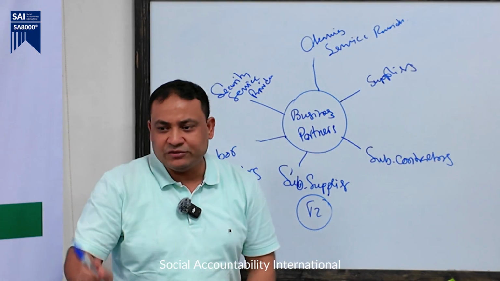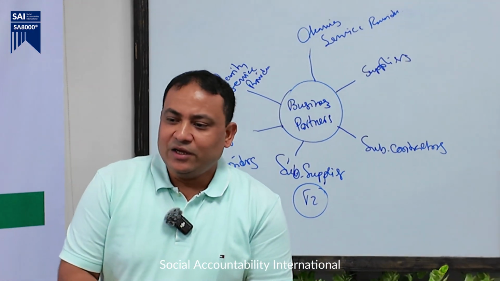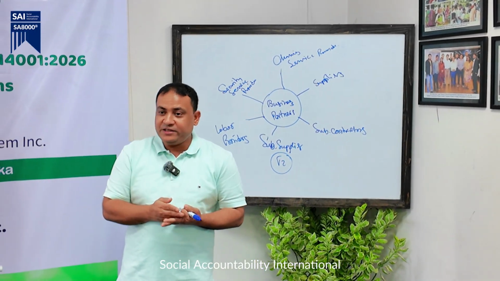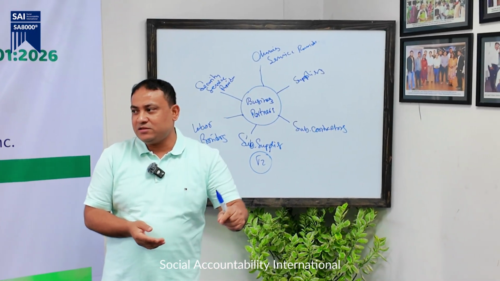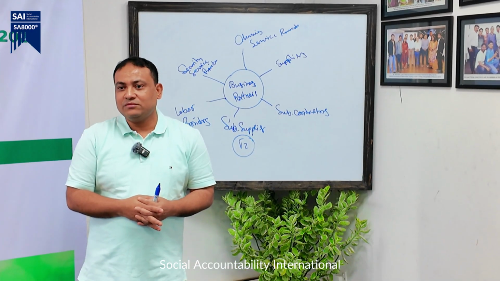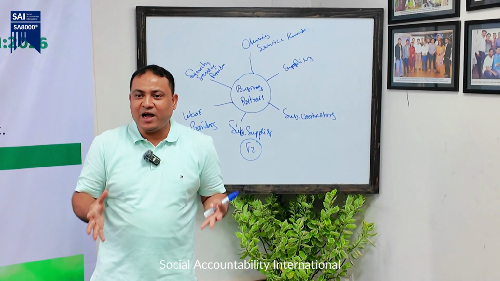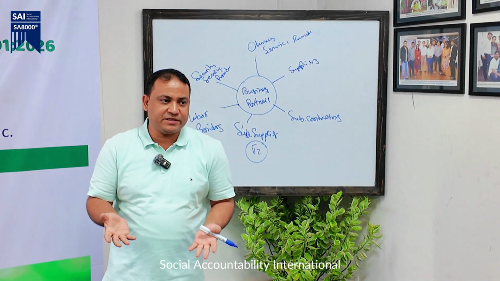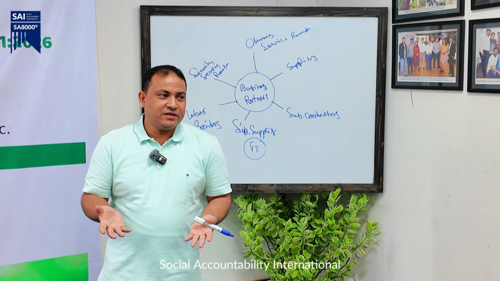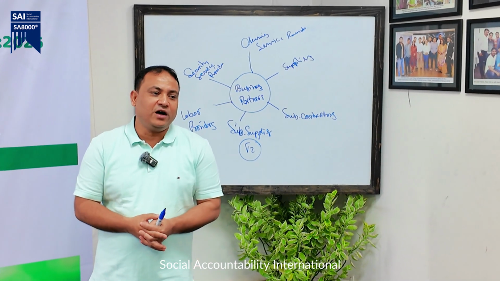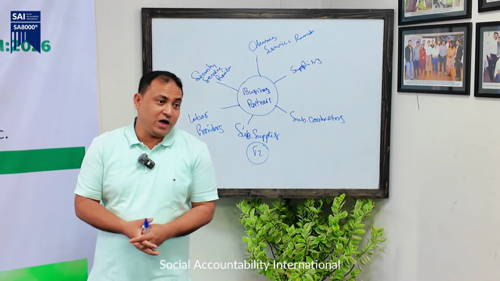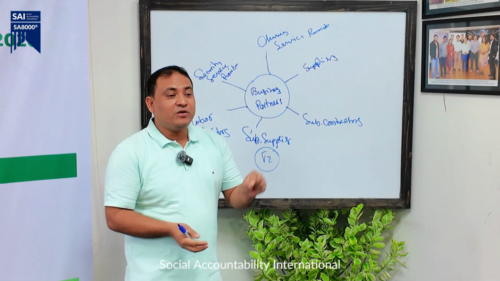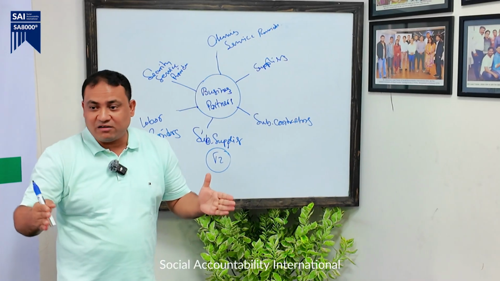So in the SA8000 system, you need not only to ensure human rights at your organization, but also to manage your suppliers in a way that they also respect human rights. The social requirements, the decent work requirements in the SA8000 standard, D1 to D7, are the criteria.